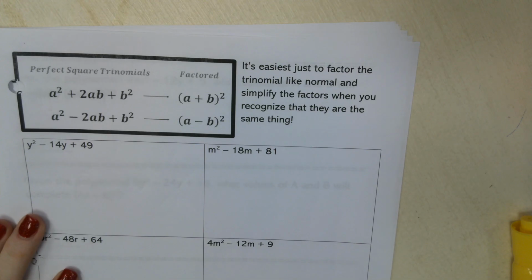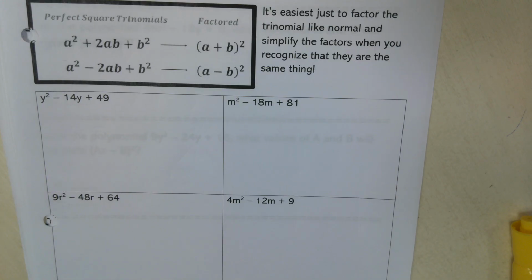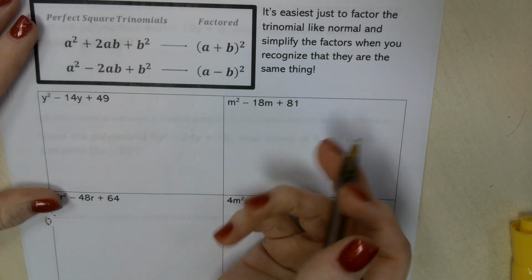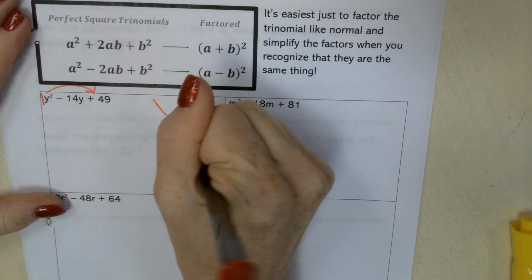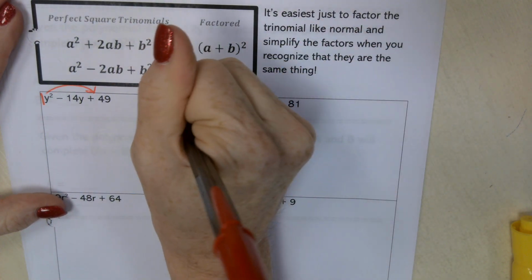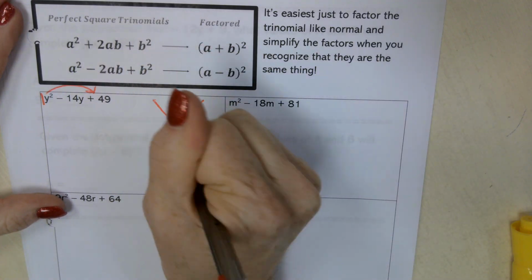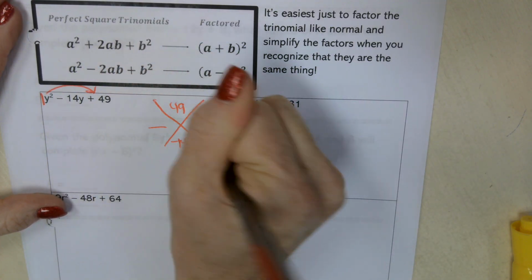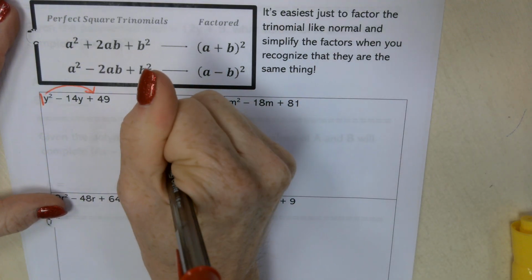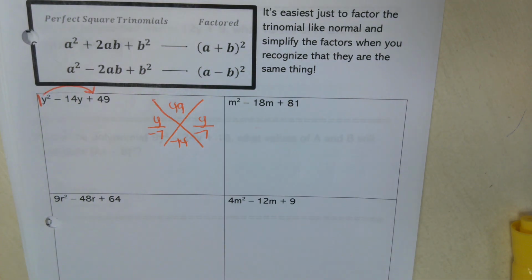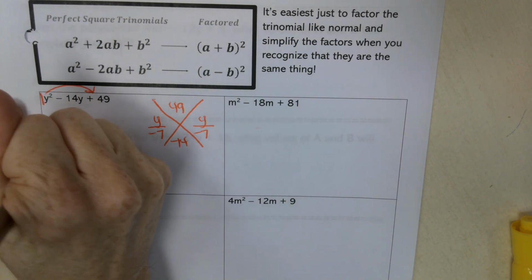On the back, these right here, you do not factor them any differently. 1 times 49 is 49, and you need those factors to add up to give you negative 14. You should see that that's negative 7 and negative 7. You got 2 things that were the exact same.